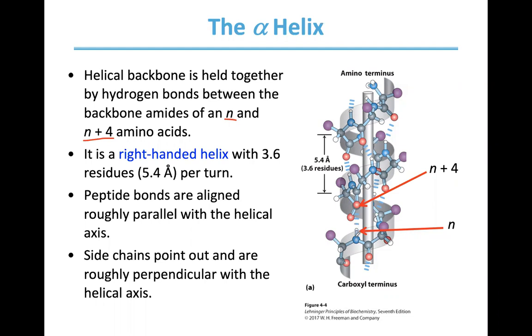Then we go around this axis. If this is amino acid N, then this carbonyl will be N+1, going to the side chain, N+2, N+3, and finally you hit the carbonyl of N+4. So this is the fourth amino acid, and you can see a nice hydrogen bond here, right?